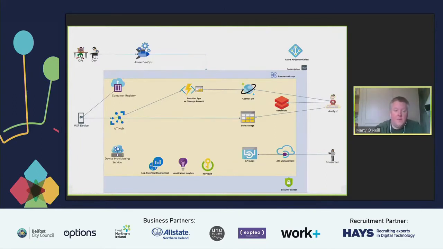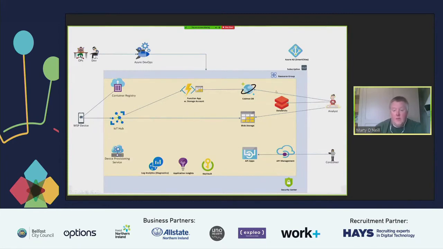So for us, for the hot storage, we're using Cosmos DB. And really, that allows us to have very quick access to the data. The data will sit in Cosmos DB for around 14 days, and then it'll be removed automatically. Other data will then sit in blob storage for the life of the project and how long we want it to. And we can re-extract that data into Cosmos DB if we want to do any data analytics.